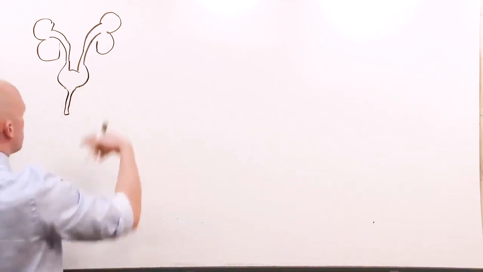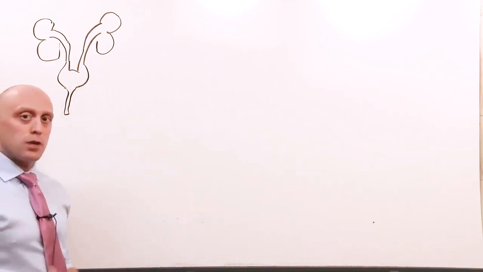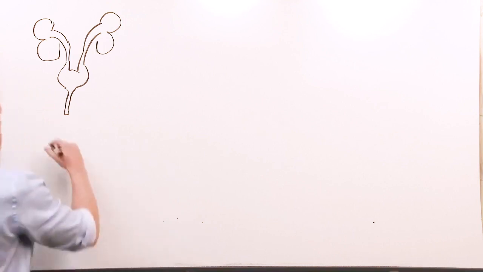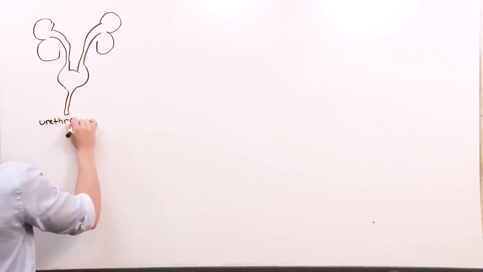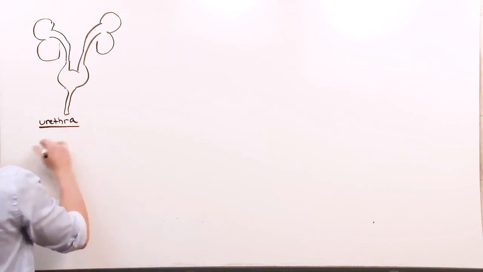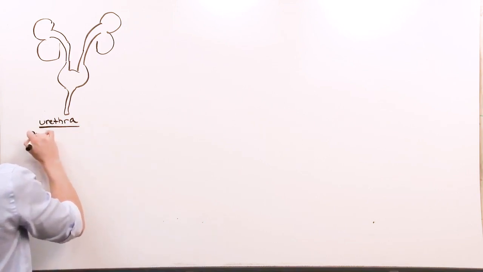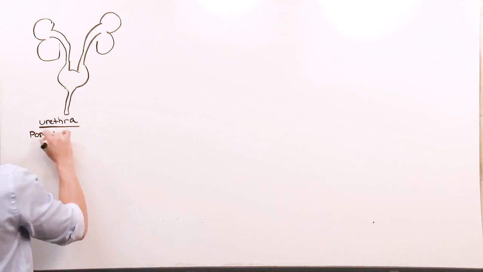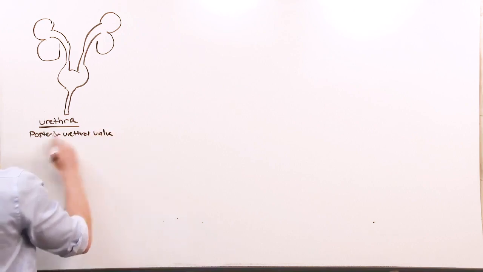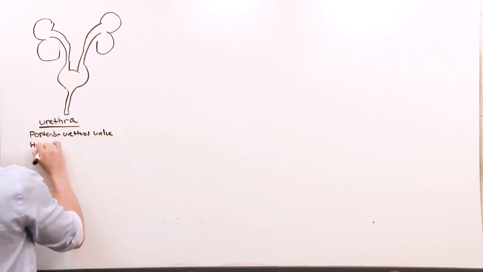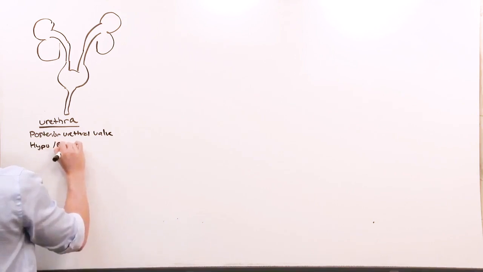So we can break the genitourinary system down by location of problem. We'll start with that. At the level of the urethra, you can have posterior urethral valves, hypospadias and epispadias.